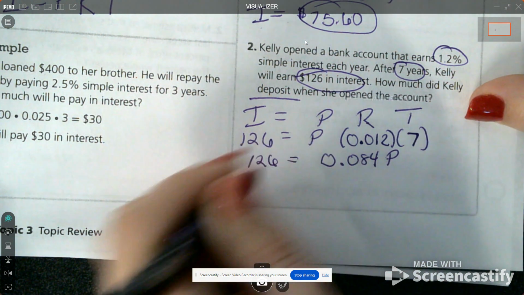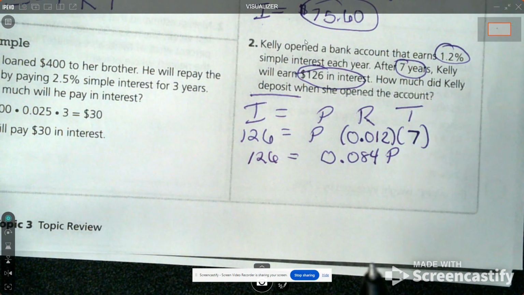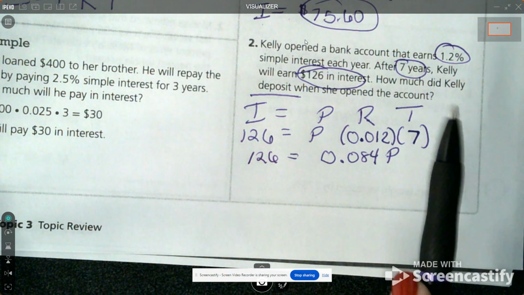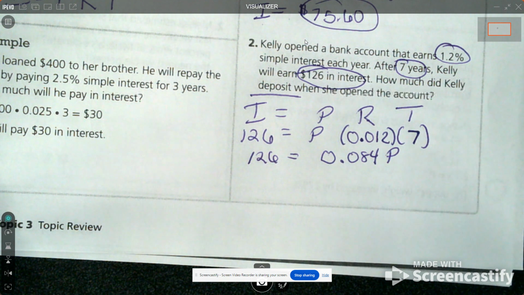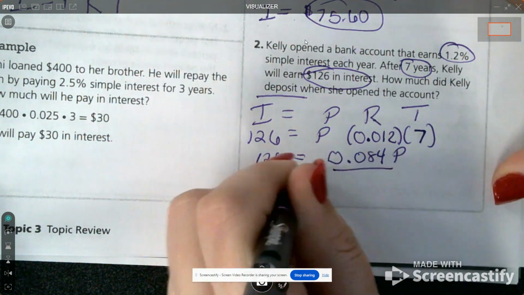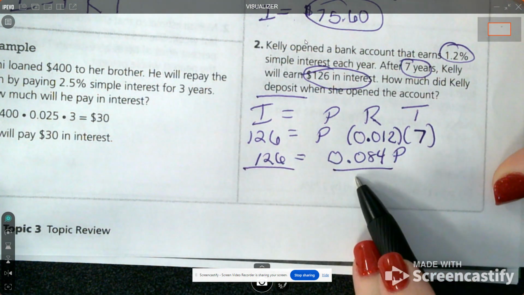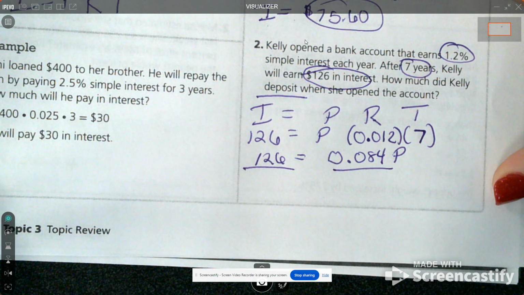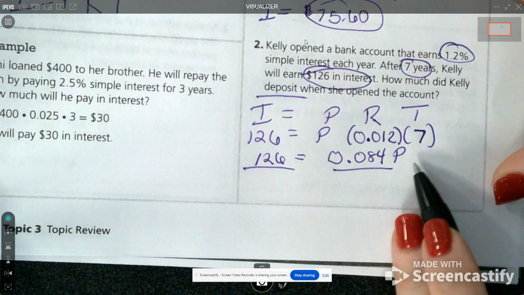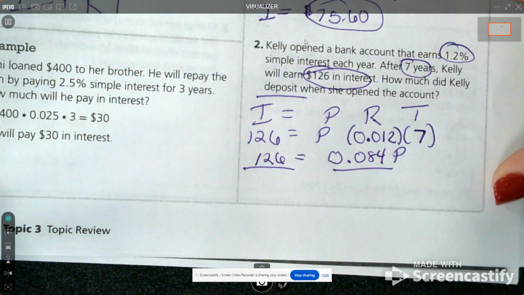Bring down everything else. How do I solve this? McKenna, how would I solve this to get the P by itself? I'm not going to divide by 100. What could I divide by to get this by itself? What am I trying to get rid of? I'm not trying to get rid of the P. I want to keep the P. What do I want to get rid of? I want to get rid of the decimal. So you have to divide by the decimal.